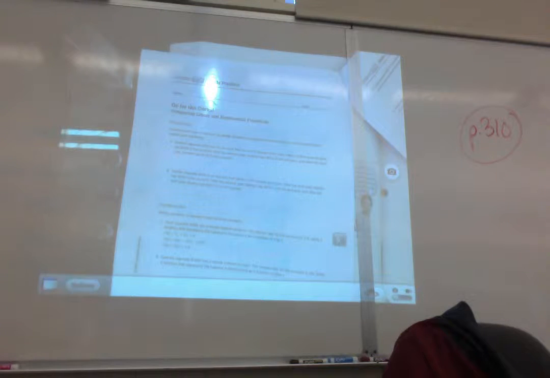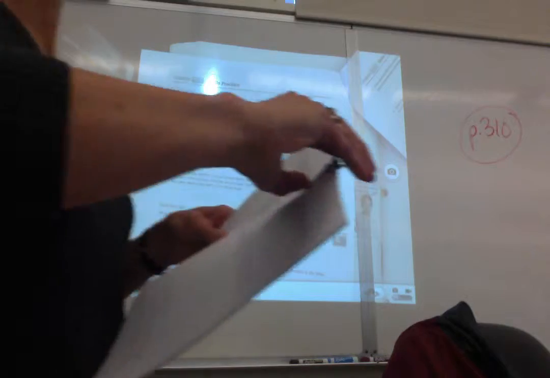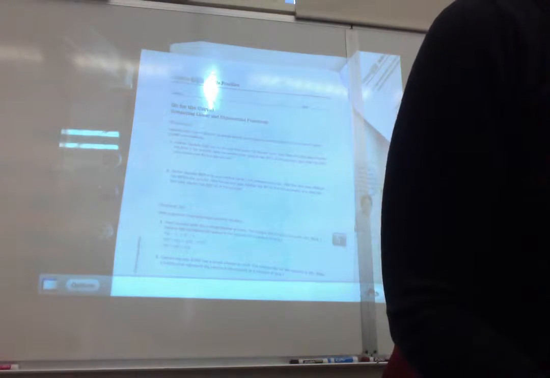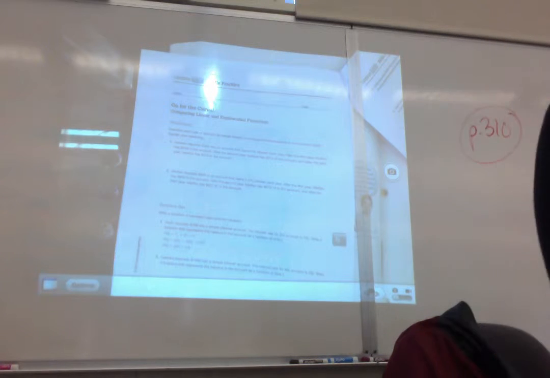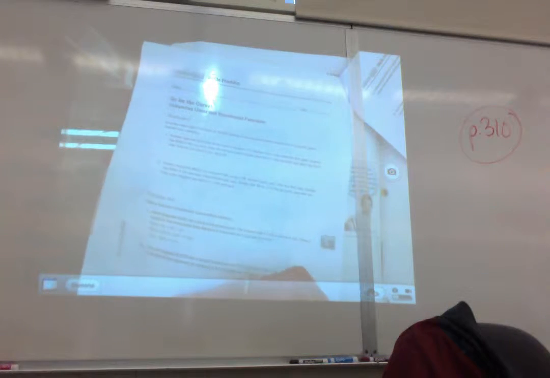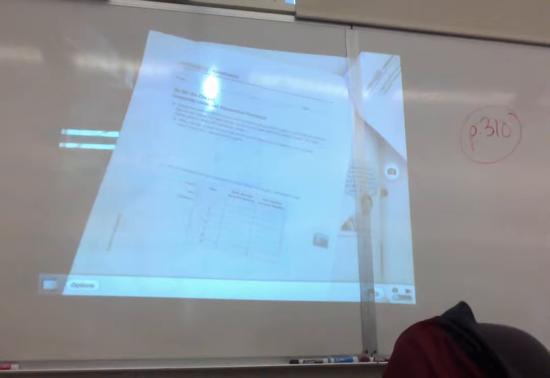Let me get last week's packet. Here it is. 5.1 assignment. Oh, no. Okay, so it's not those pages. It's the 5.1 assignment pages.